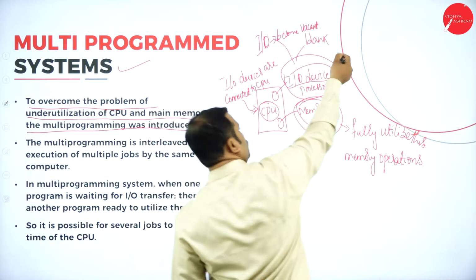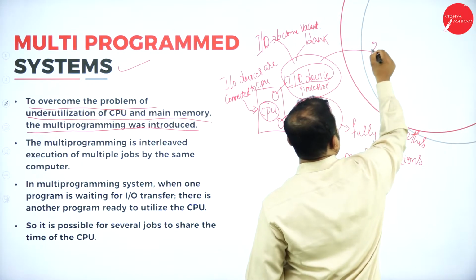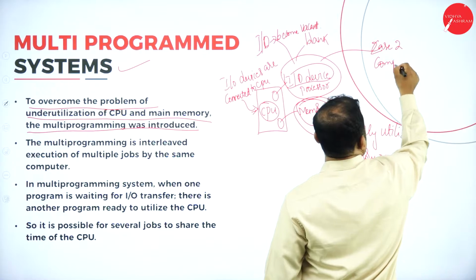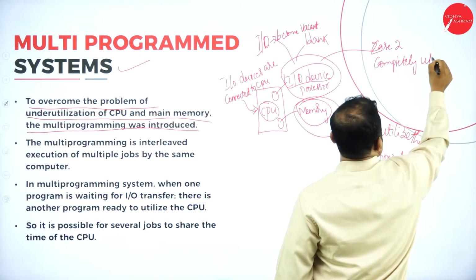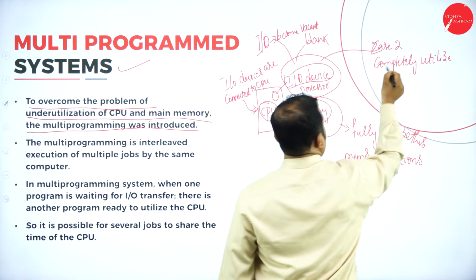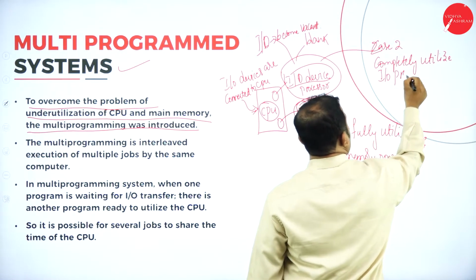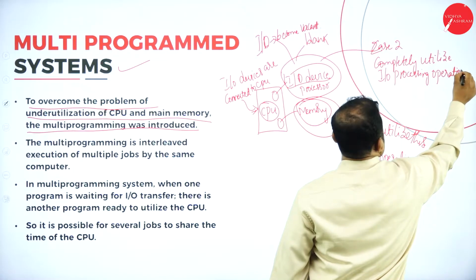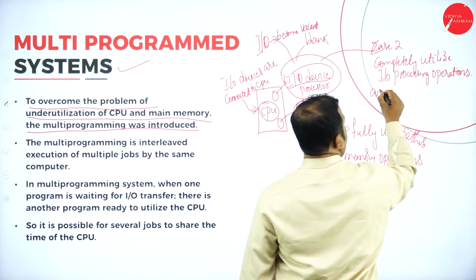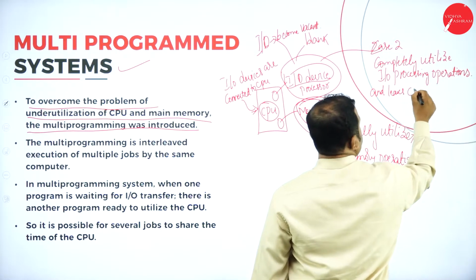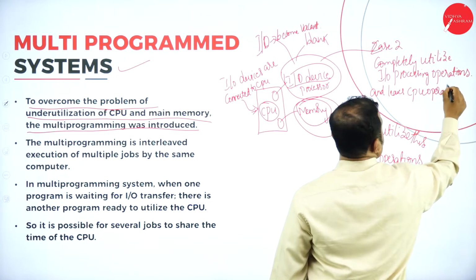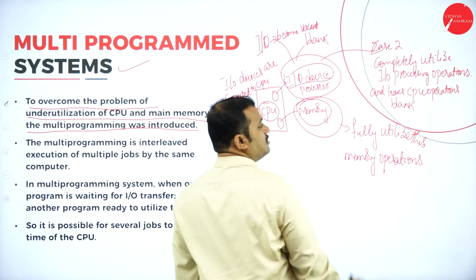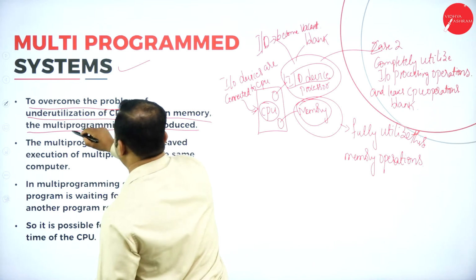Similarly, in the second case, case 2, if I completely utilize the I/O operations, the processing operations, and leave the CPU operations blank, this condition is called underutilization of CPU.